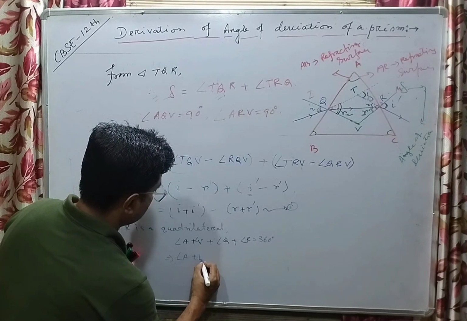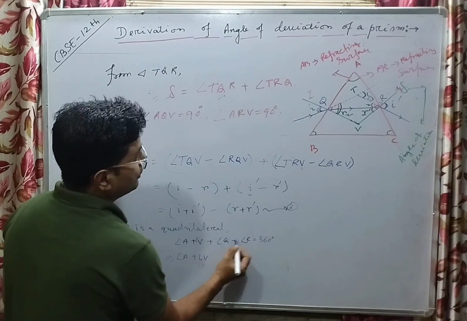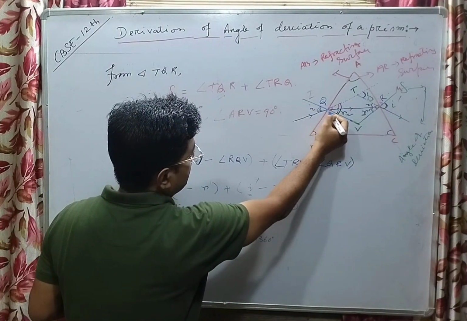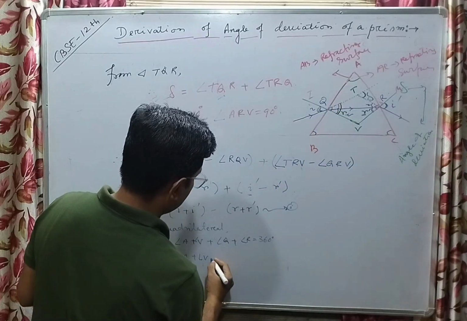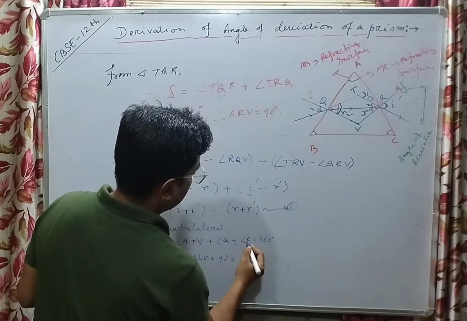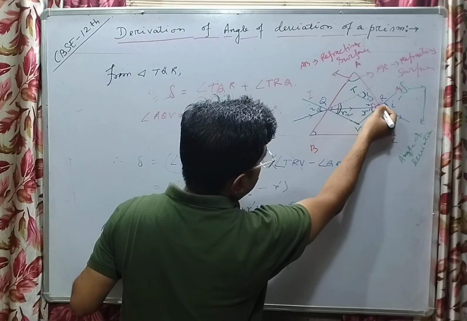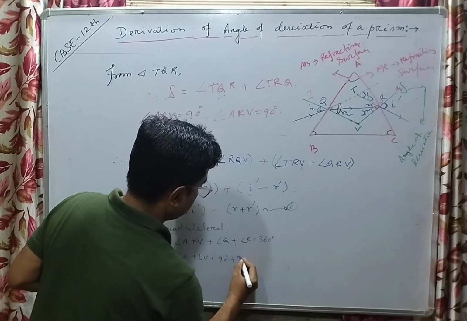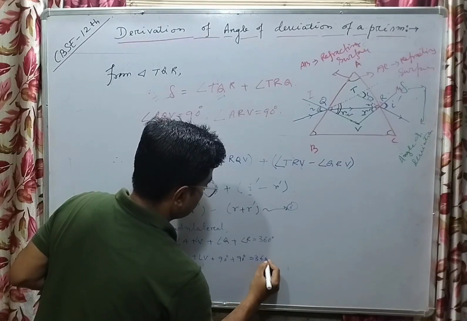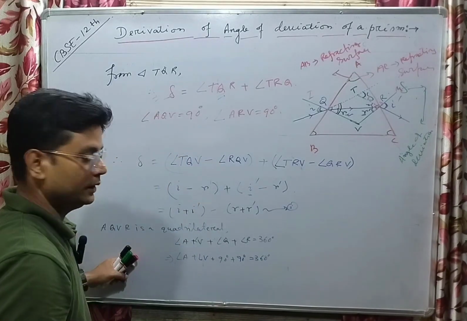Angle A plus angle V, plus angle Q which is 90 degrees as it is a normal to the side AB, and similarly angle R is also 90 degrees as this is a normal to the side AC, is equal to 360 degrees.